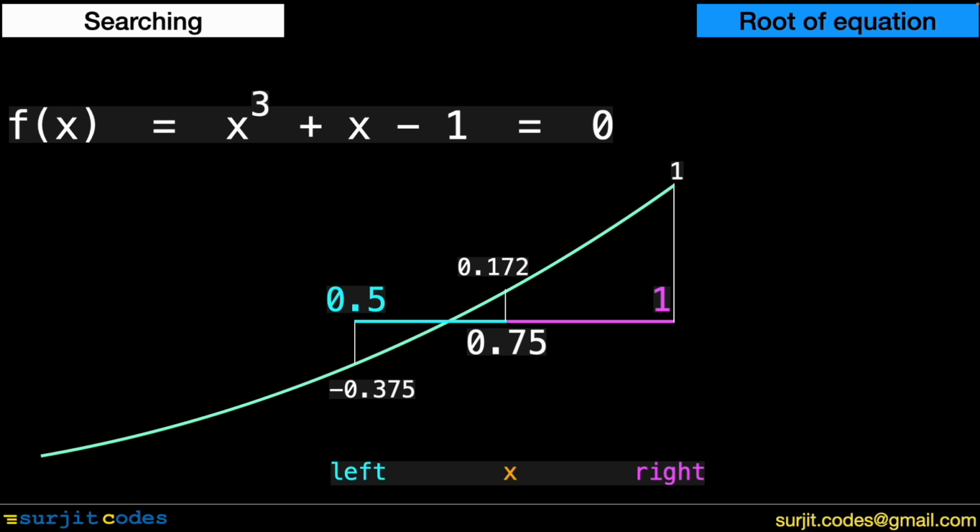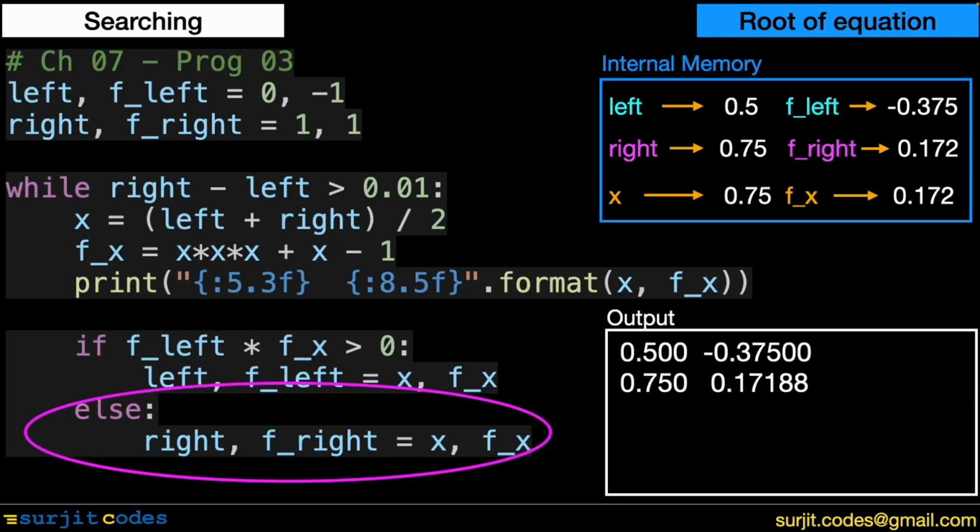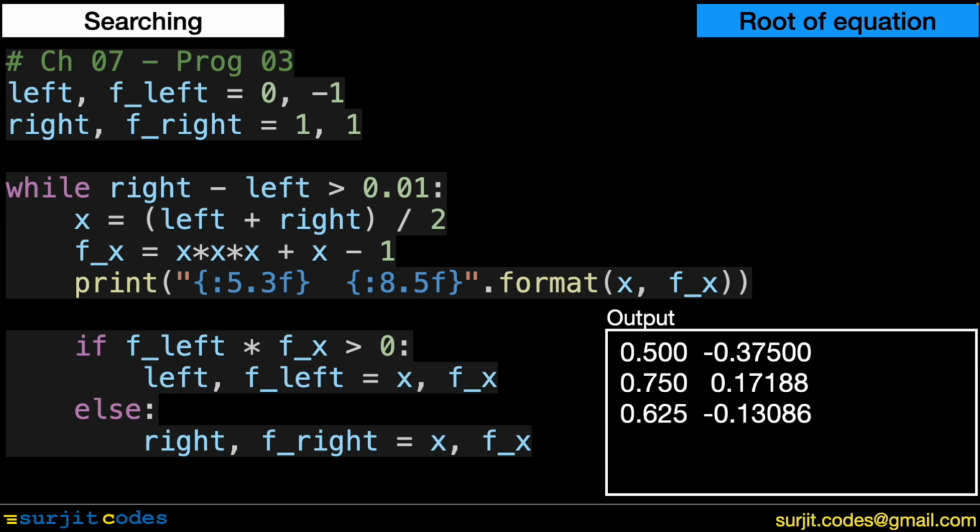In this case, the root is present in the left partition, therefore the right fence must move to x and the gap between right and left further narrows down. We execute the else part of the program when function values at left and x have opposite signs, that is when their product is negative.